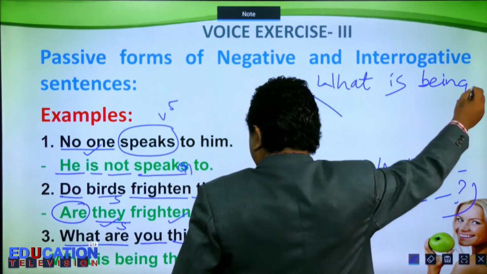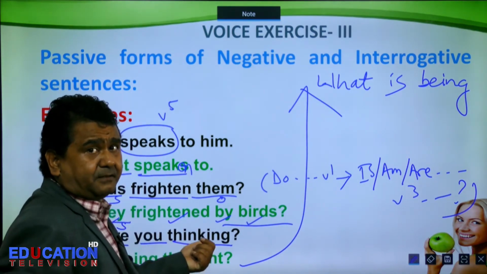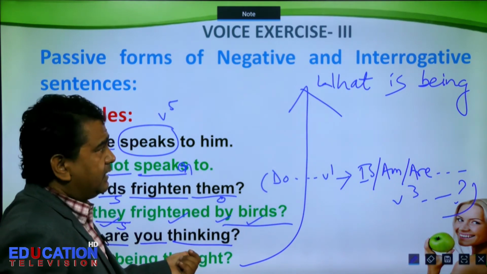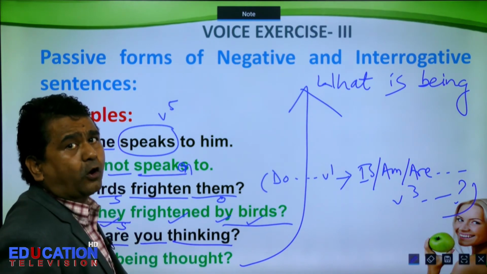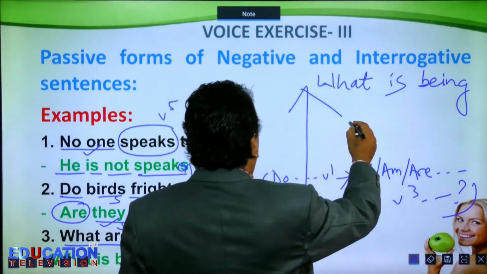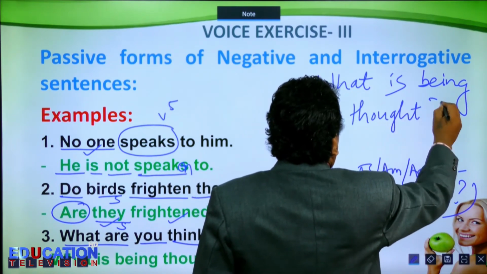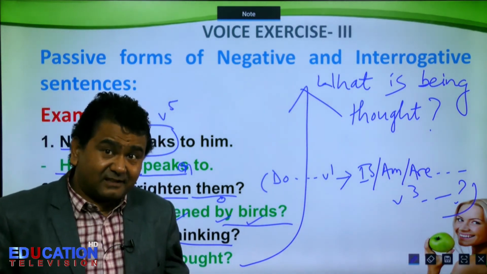What is being? And the V3 of thinking. Thinking is in present participle, ing form. So, this has to be converted into past participle, that is thought. What is being thought? Complete. That's all.